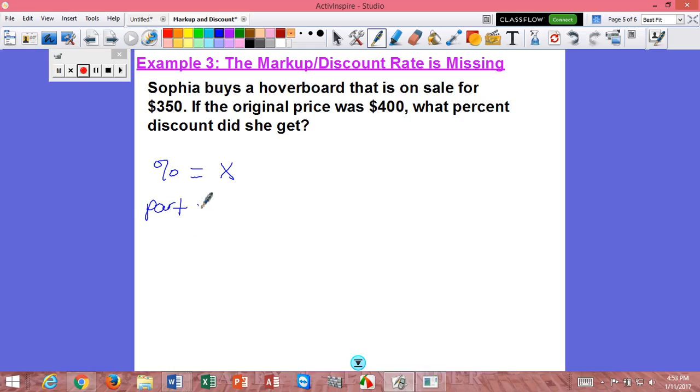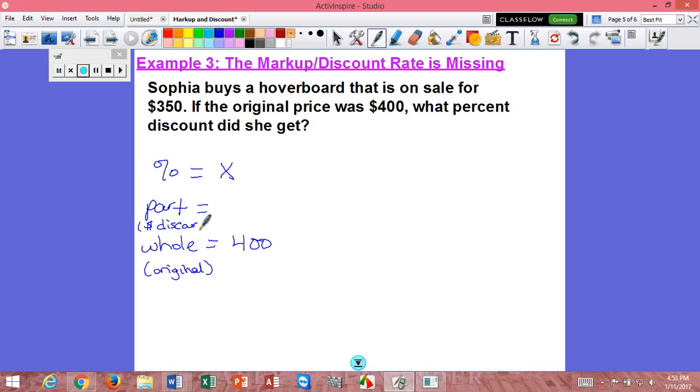Okay, the part, that would be the amount of discount. Now I'm going to come back to that. Okay, remember the whole is going to be the original price. The original price was $400. Now this $350, just because it's the other number does not mean it is the part. We have to be very careful with that, because the part is the dollar amount of discount.